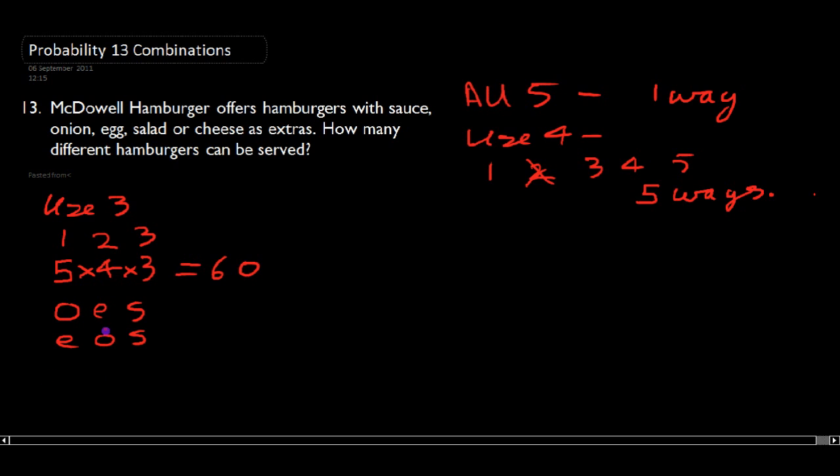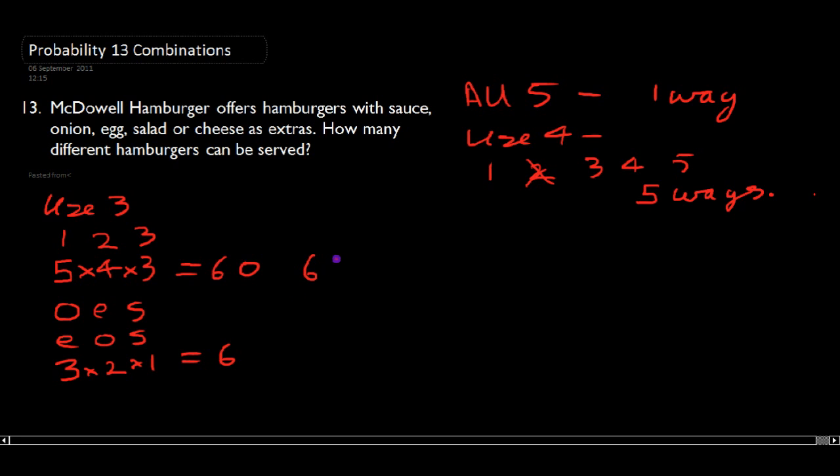Now we worked out previously there was 3 times 2 times 1 ways we could arrange 3 different things in 3 positions, and that gives us 6 ways of doing that. Now these are all repeats, so out of these 60, every time we have a different set, there's going to be 6 repeats, so we will have 6 times fewer things.